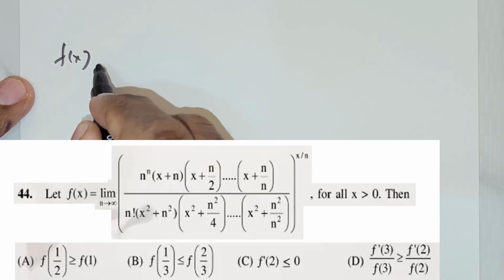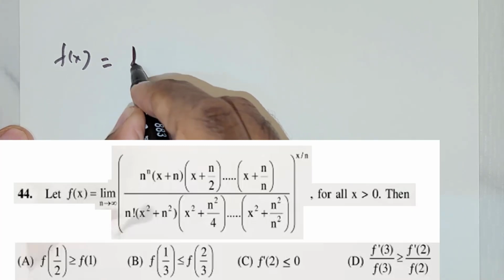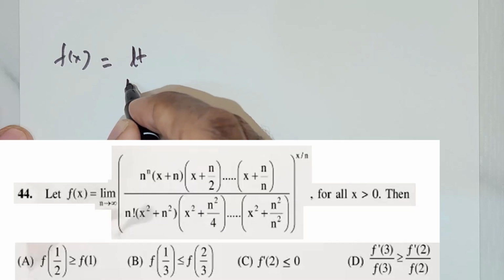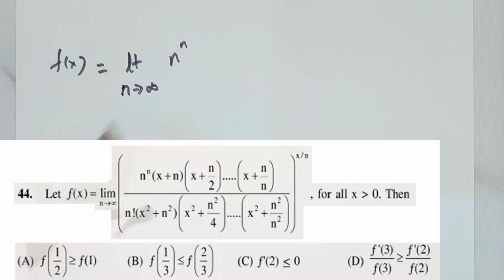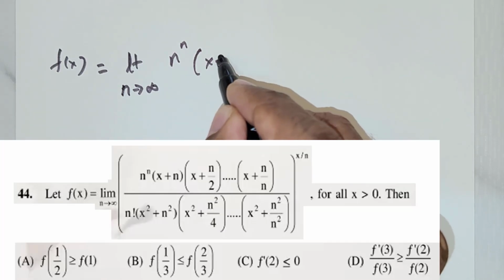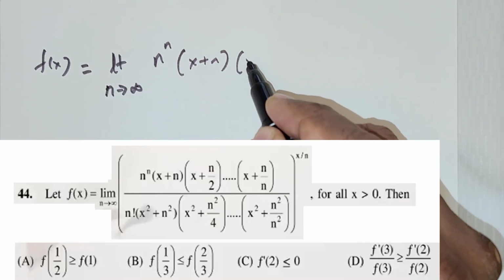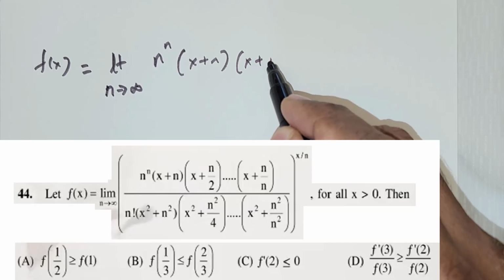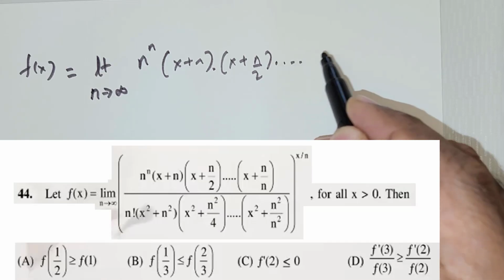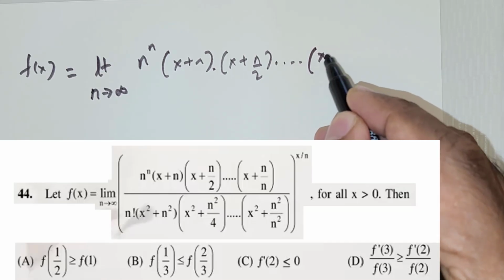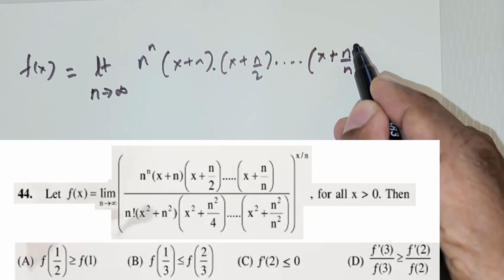Welcome everybody. We've been given f of x is equal to the limit as n tends to infinity of n raised to the power n, multiplied with (x + n)(x + n/2) and it goes on all the way to (x + n/n).